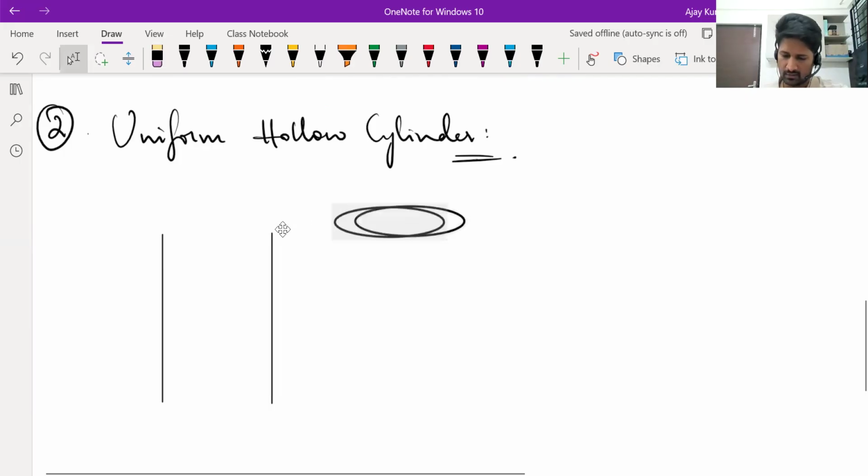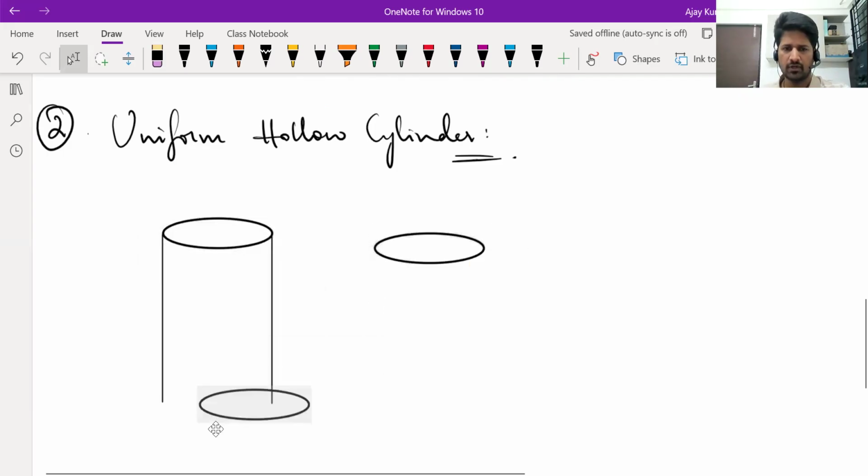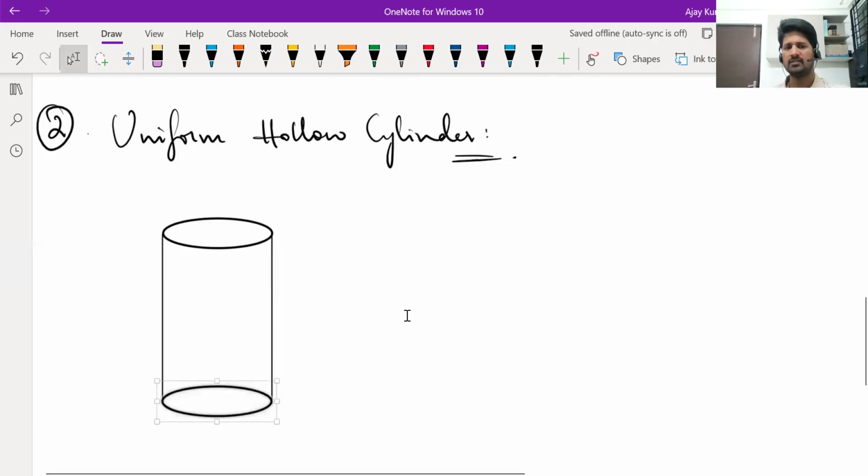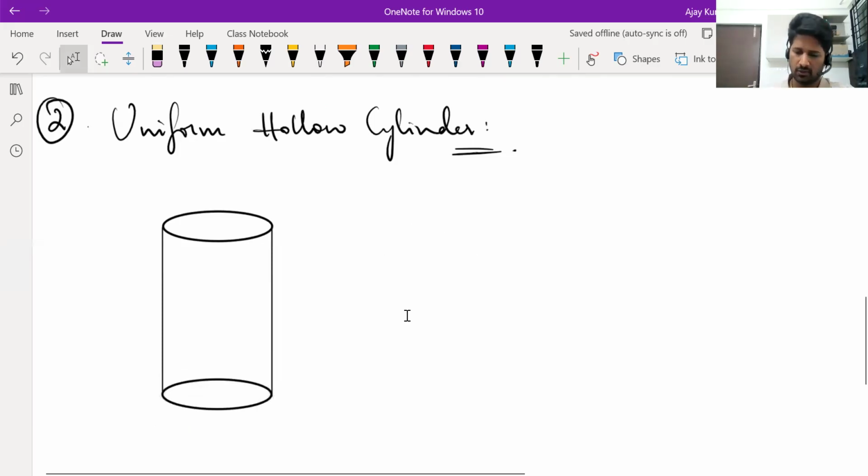Okay. So let's say there is a tube like this. So one of you tell me what kind of mass distribution is a hollow cylinder? It's an open tube, open at both ends. What kind of mass distribution is this? Linear, areal, or volumetric? Areal. It's an areal mass distribution. Mass is spread only on the surface.